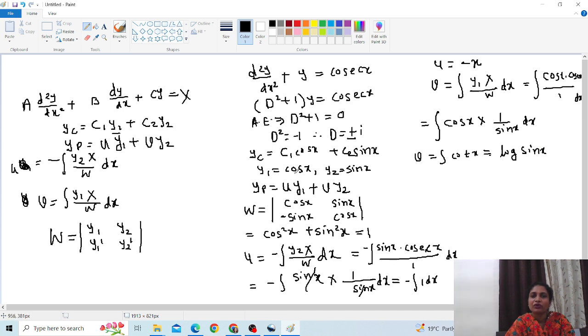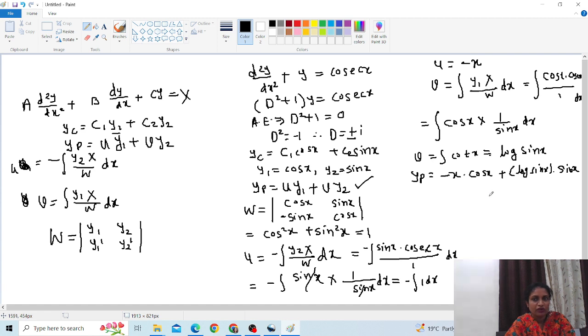Let's put the value of u and v in this formula. So yp is equals to uy1. U is minus x, y1 is cos x, plus vy2. V is log of sin x and y2 is simply sin x.